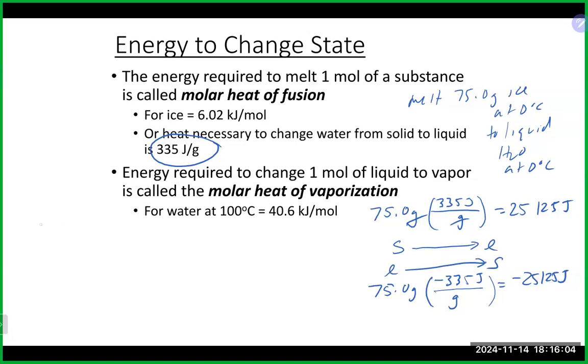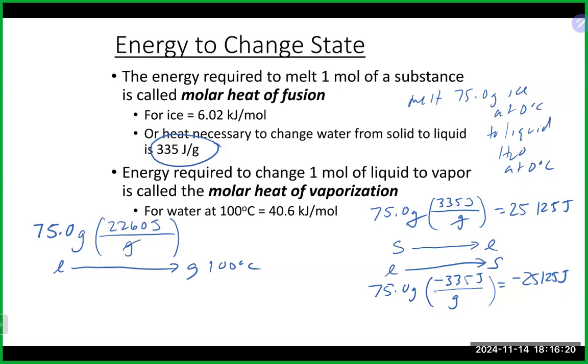So just to show you that, if you did the same calculation with 75 grams of water and you want to know how much energy to go from liquid water to gas or steam at 100 degrees Celsius, you would use the heat of vaporization for water, which is 2260 joules per gram. To take that same 75 grams of liquid water and get it into the gas phase, it's going to take about 169,500 joules, significantly more energy than the previous transition from solid to liquid.